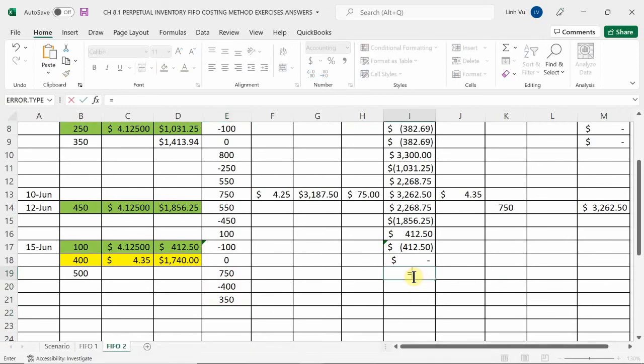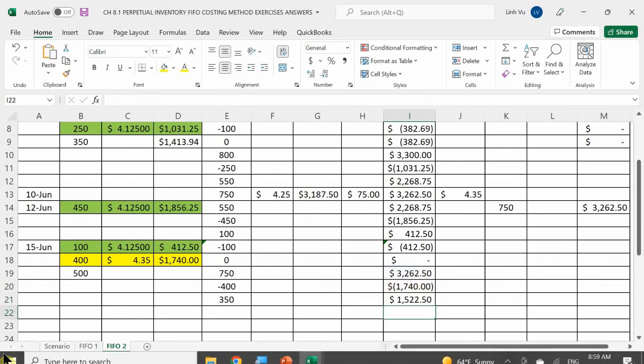All right, if I started out with $3,262.50 and I just sold $1,740, how much should I have left? $1,522.50.